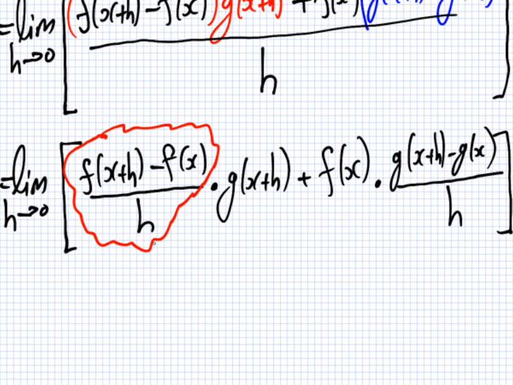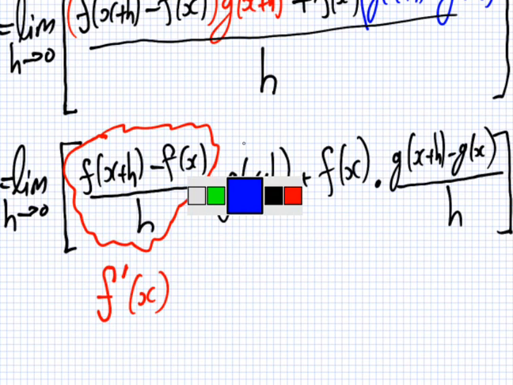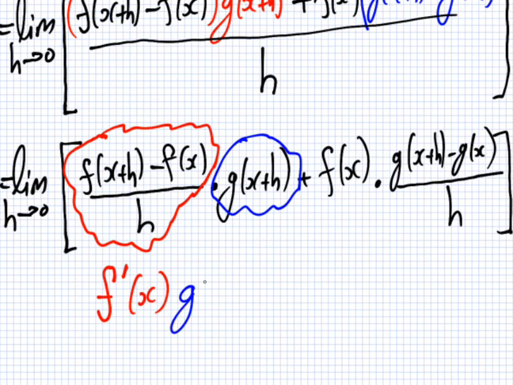So equals limit h goes to 0. Let me just put big brackets here. Fx plus h minus fx, times gx plus h, plus, what am I taking out here?